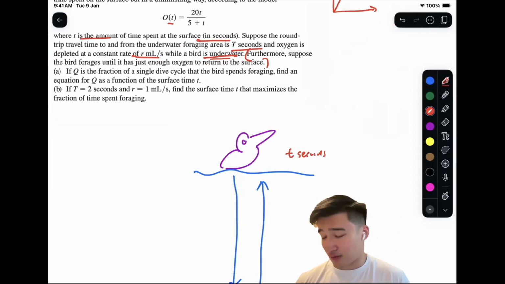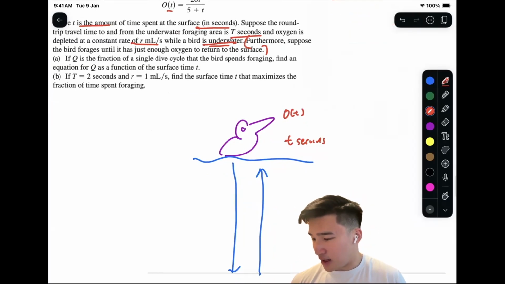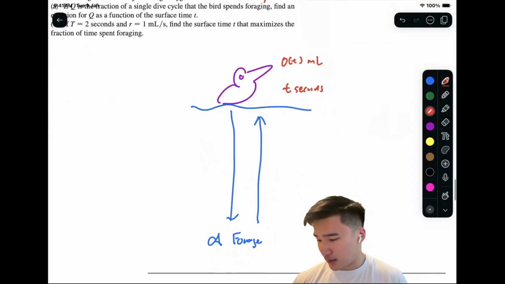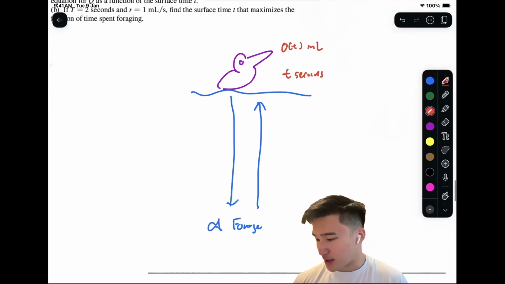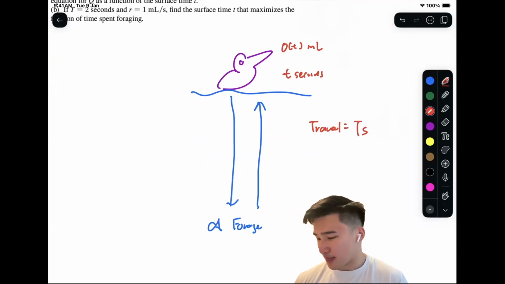The bird will breathe in the oxygen and store it. So O(t) is the function for that. It stands for the milliliters of oxygen. And the entire round trip, I think it's mentioned here, to and from, the entire travel time is going to be T seconds.